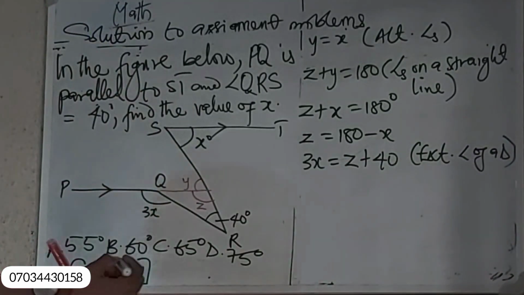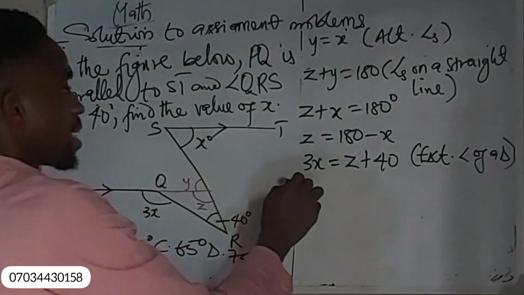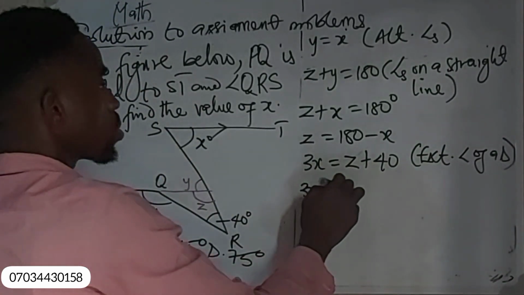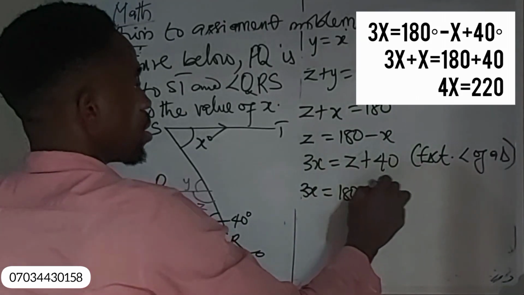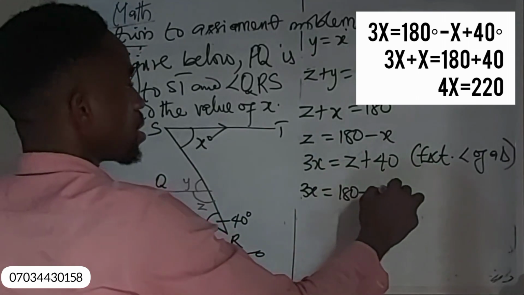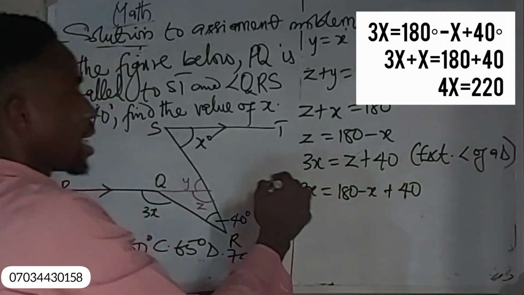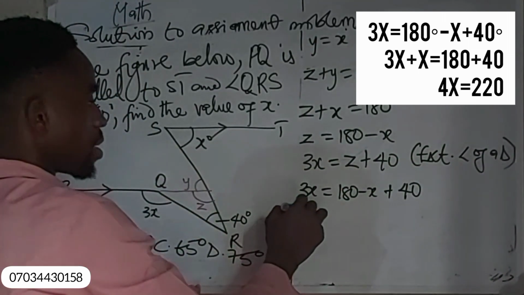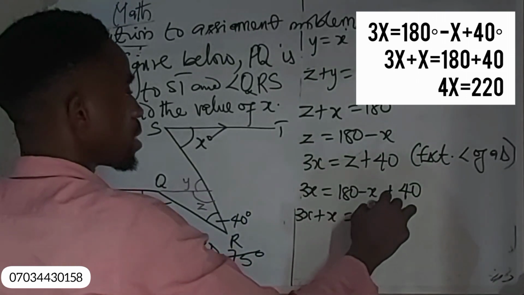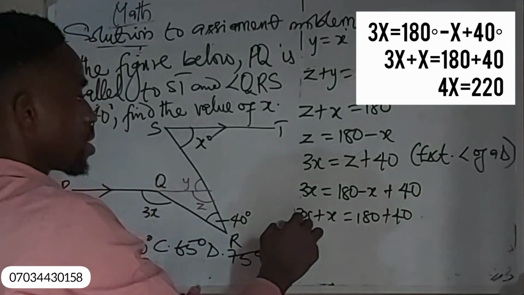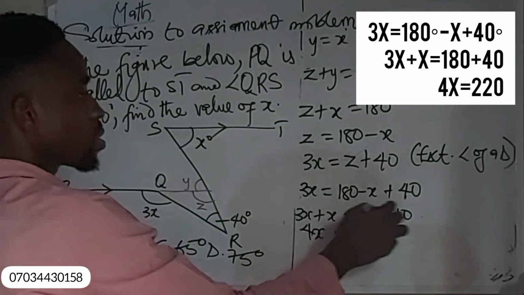So putting the value of z, I have that 3x is equal to 180 minus x, that's representing z, plus 40. And then this we have to bring over and have 3x plus x is equal to 180 plus 40, right? This will give me 4x and this will give me what?